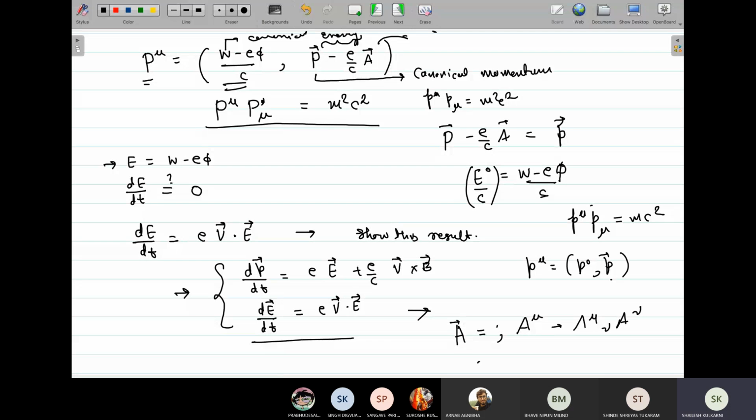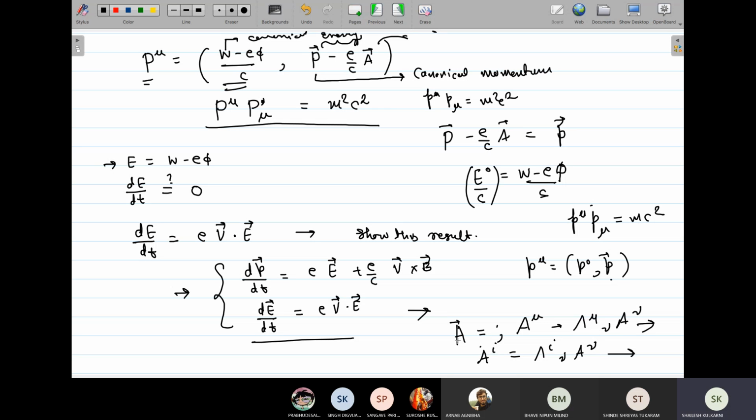How will the vector A transform? The ith component of this vector will be lambda i nu A nu. See the difference between these two. The extra A0 will create all the difference. This is any vector, not necessarily the vector potential.